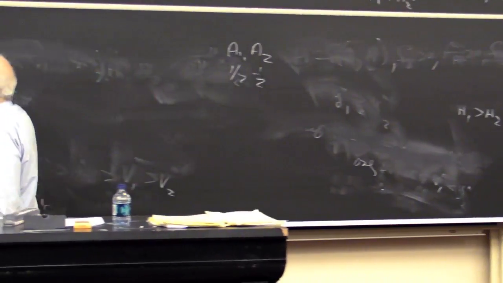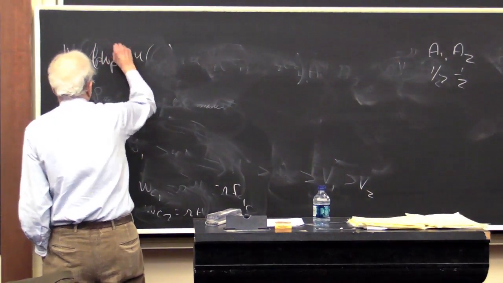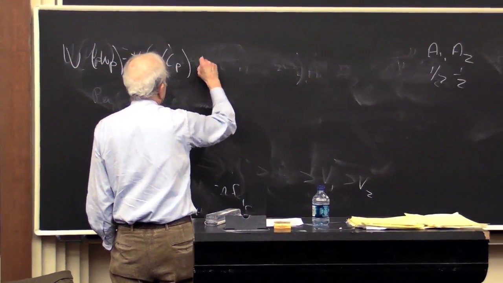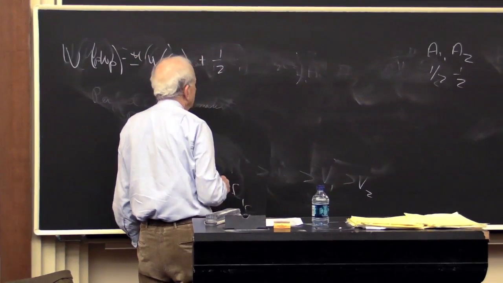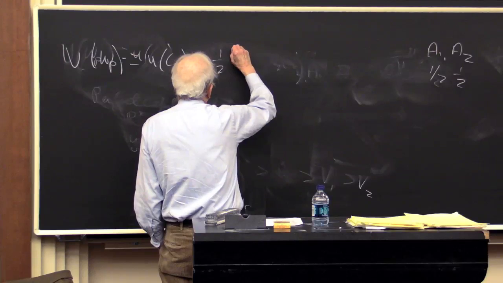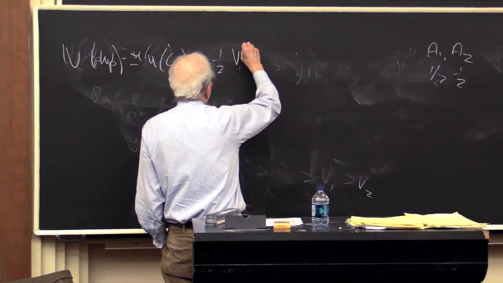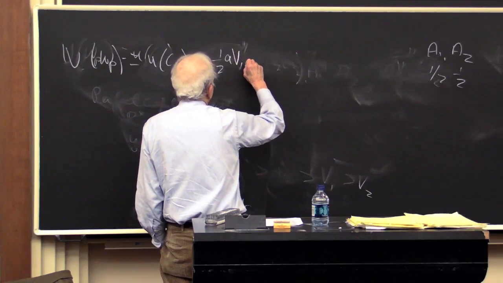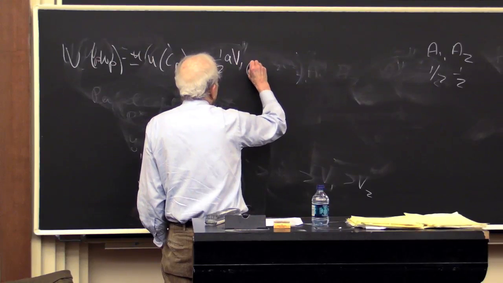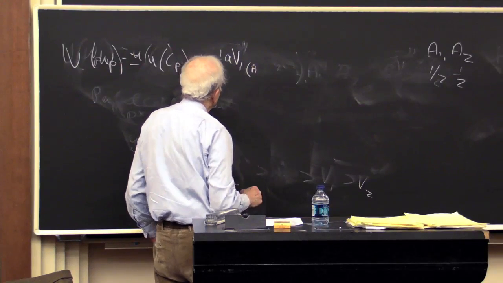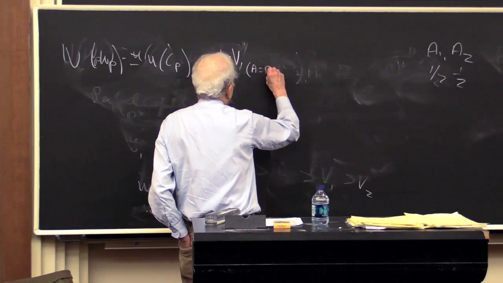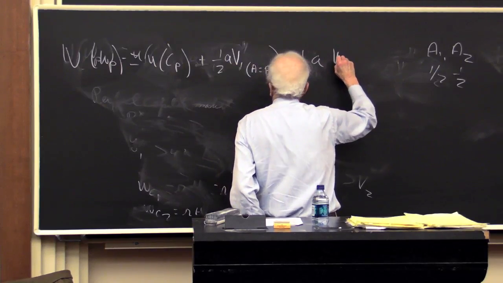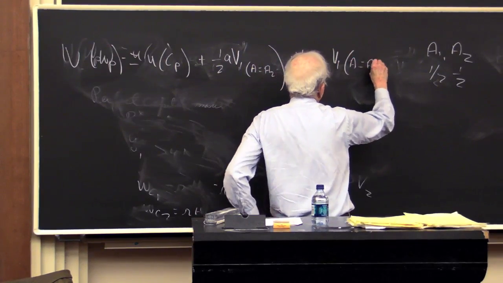It would be U of (1/2) V1 if A equals A2 plus 1/2 V1 if A equals A1.